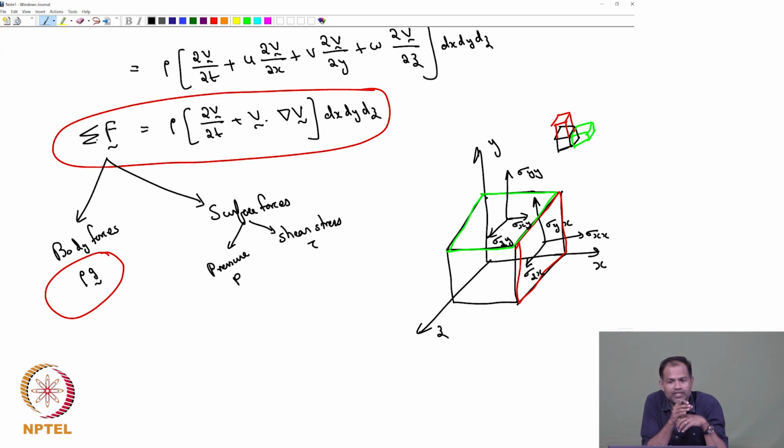So, we found that it is not pressure that is really important, it is the difference in pressure that is going to be important. It is the gradient of pressure that generates a force. Similarly, we will get something similar here. We need to find out how stress is going to be reflected as force.